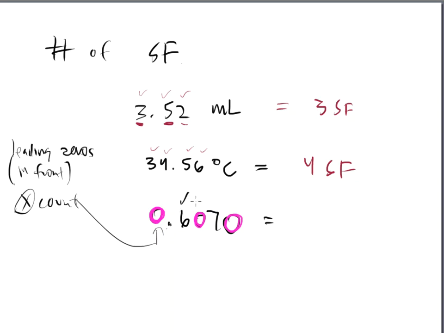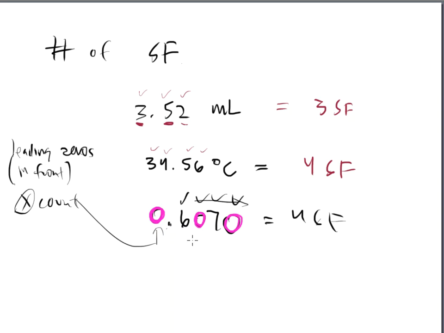That is significant, and everything else after that is going to count. It doesn't matter what's written. It doesn't matter how many. Everything else counts. So you now treat that just like we did in example number 1 and example number 2. You're going to look at this number and go check, check, check, check. There's actually 4 significant figures here. Not 5. We don't count that leading 0.